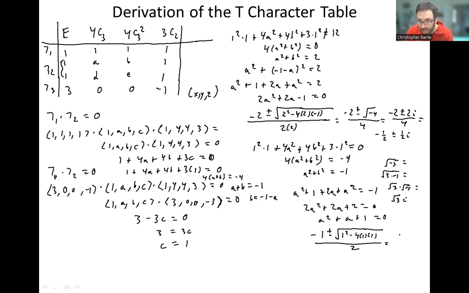So we're going to get -1 plus or minus root 3 i over 2, which we can also write as -1/2 plus or minus root 3 over 2 i. Now, anytime you see the values 1/2 and root 3 over 2, you should be thinking trig in your head. Those are common, unit circle stuff.